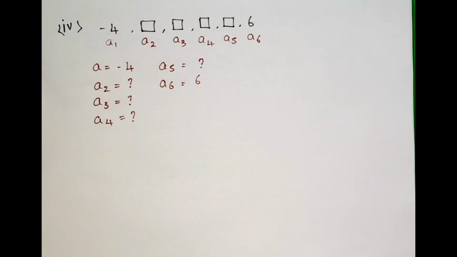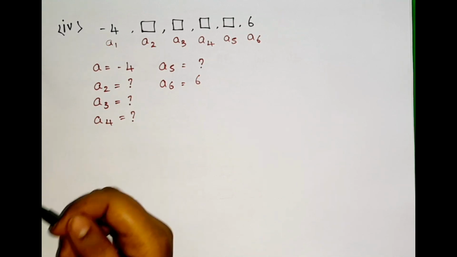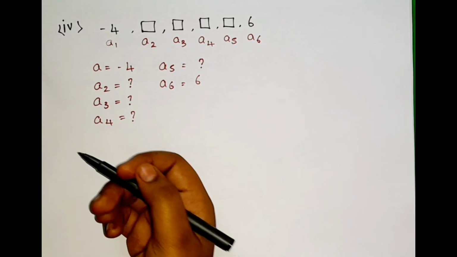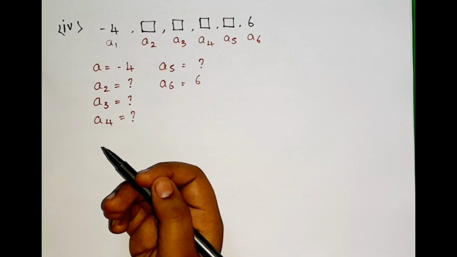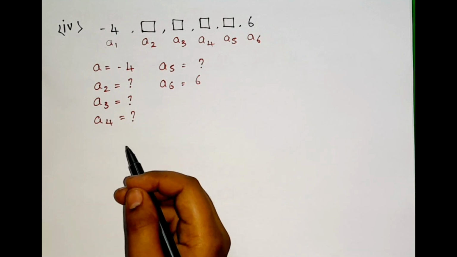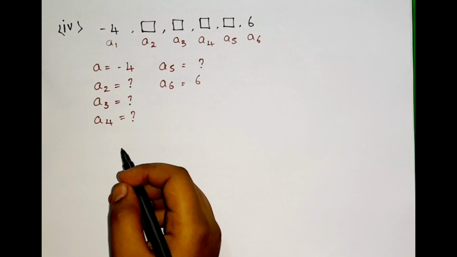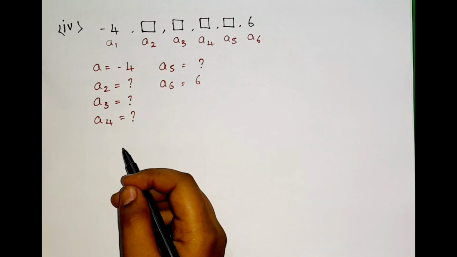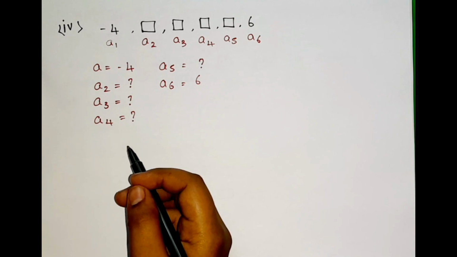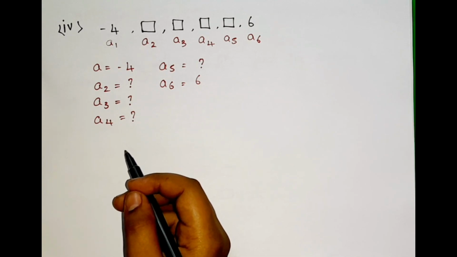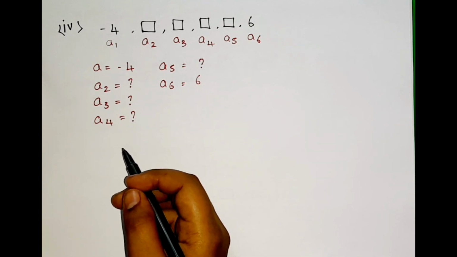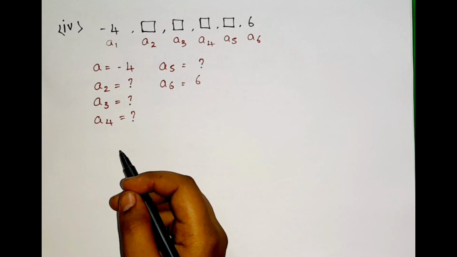Since you guys know, first we have to find the common difference. Whenever you get a question like this, if you find that we don't have a common difference, please try to find the common difference. Why? Because without the common difference, we can't solve any question in this particular lesson. This is a short trick for you guys: without finding the common difference, never find an answer.